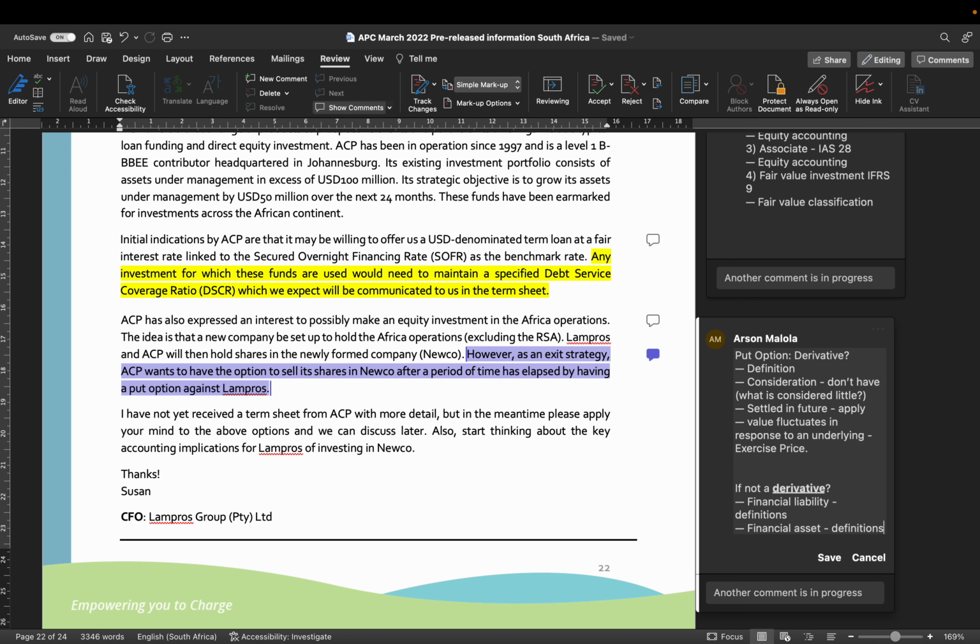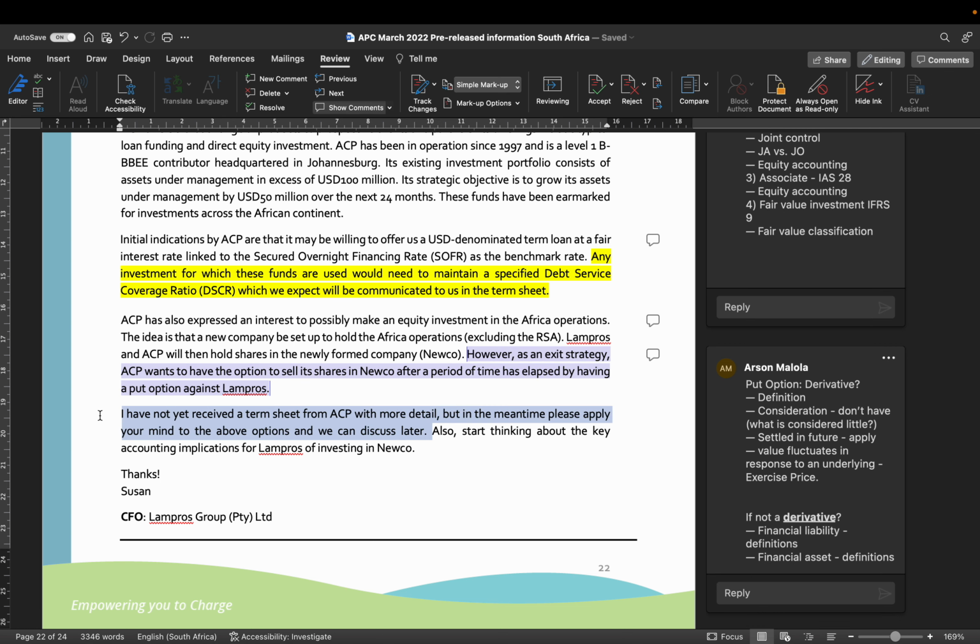Do you meet the definition or do you not meet the definition? Okay, so just a little bit of an outline in terms of your thought process, in terms of how your research should work: consider different alternatives, apply to the extent that you can, and then consider different alternatives. I have not yet received a term sheet from ACP with more detail, but in the meantime, please apply your mind to the above options and we can discuss later.